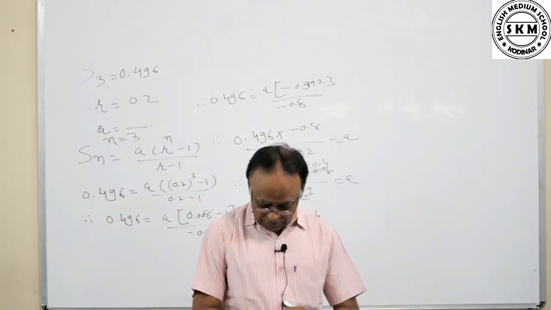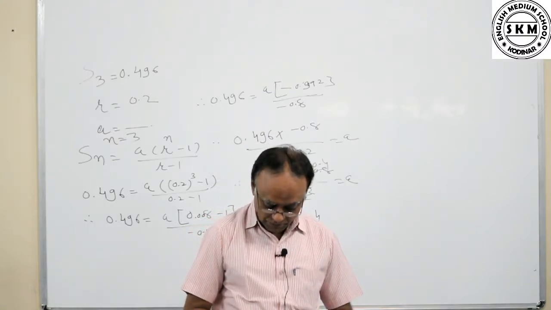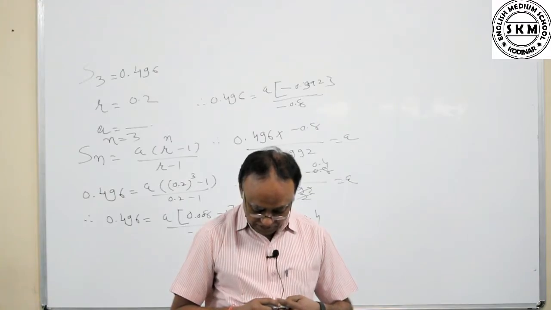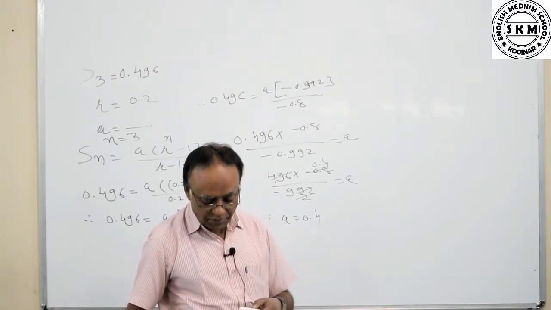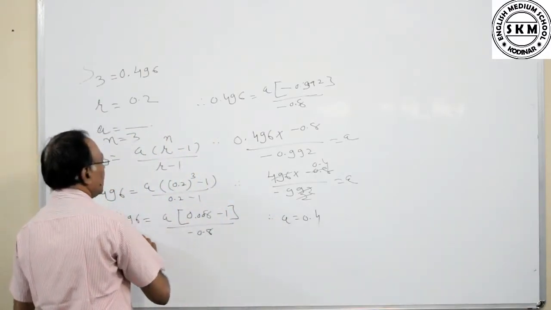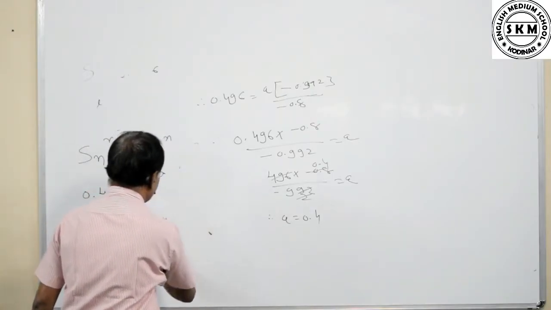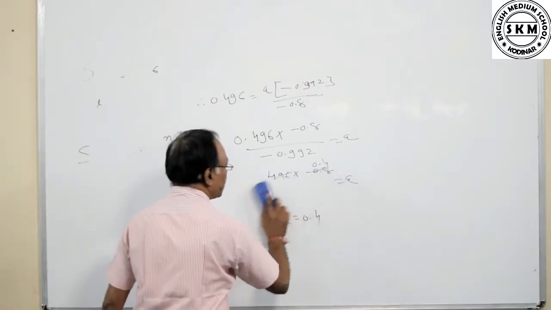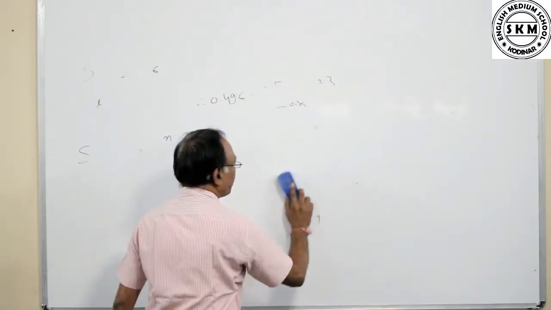Now illustrate example number 22. The sum of how many terms of the GP is 1500? In previous examples we had to find A. Now in this example we want to find n.